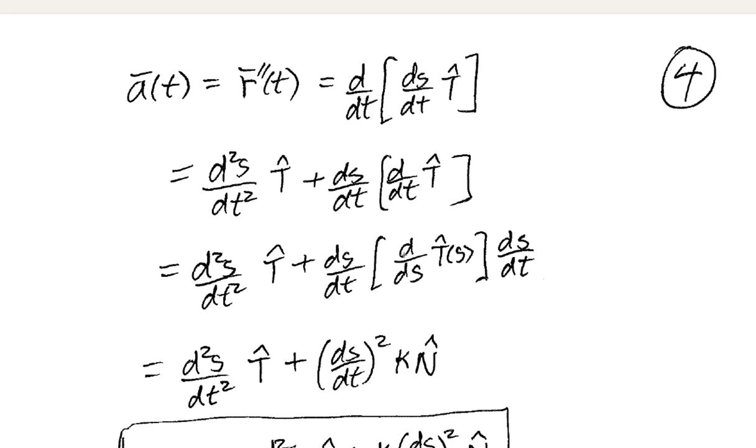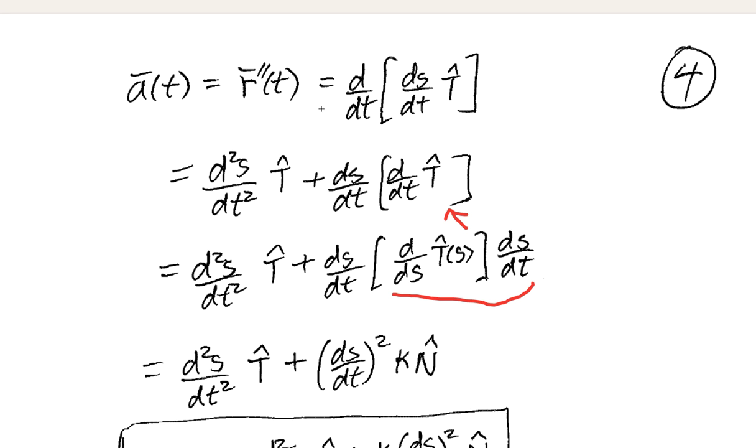Now I'm going to play a little trick here again. Here I'm going to use the chain rule. When I go d t hat over d little t, I'll go d t hat over ds, imagining t is a function of s now, times ds over dt. Do you see from the chain rule that these two together go directly to that inside the square brackets?